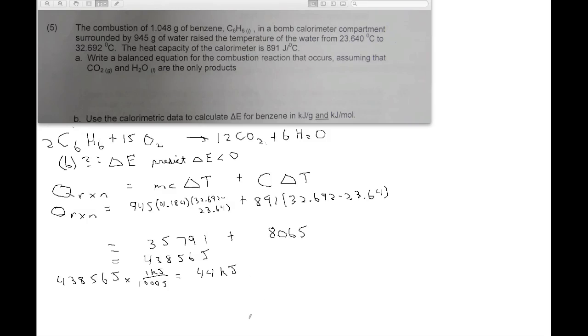Now I can take that and divide it by the number of grams of benzene, which in this case is 1.048 grams. And that is equal to negative 41.85 kilojoules per gram of benzene.